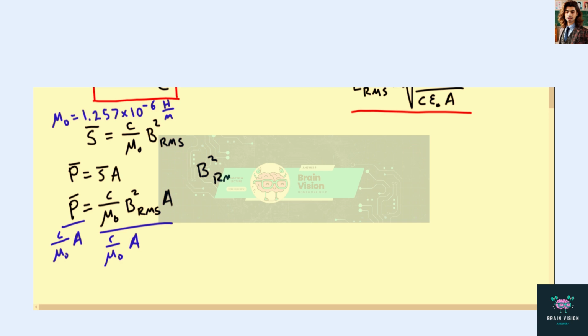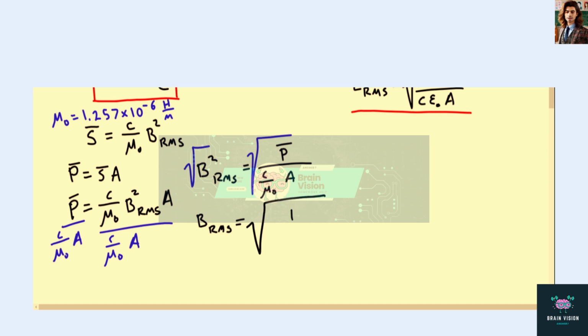B squared RMS is then equal to average power divided by C over mu naught times A. We'll take the square root of both sides so that the root mean square of the magnetic field this time is equal to the square root of the average power divided by C over mu naught times A, the area.